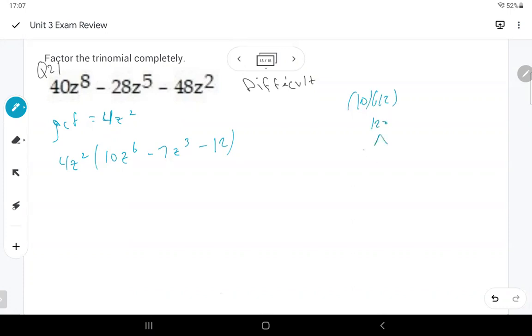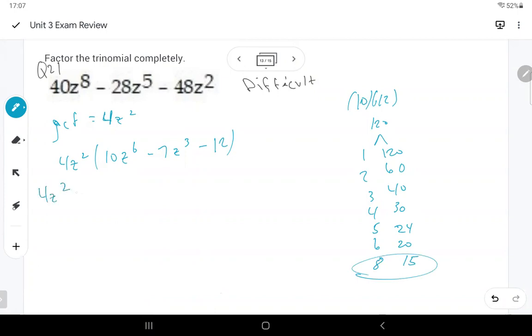We need factors of 120 that are going to end up giving us, nope, that's not right. 5 and 24, 6 and 20, then 8 and 15. Okay, we want factors that will give us a 7.